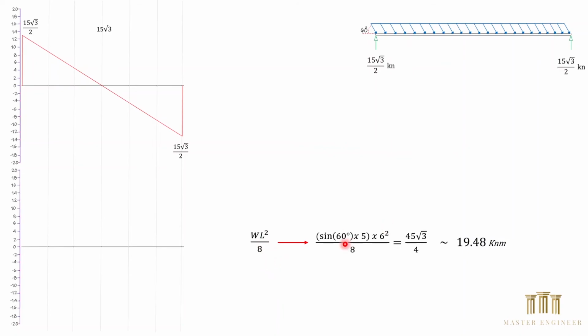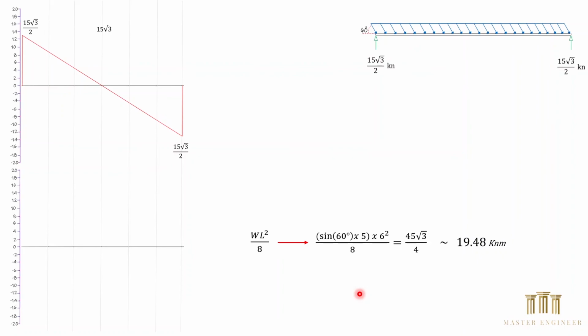The value for our UDL was sine 60 multiplied by 5, and the entire length of the beam is 6 meters to the power of 2. And the value we get is 45 multiplied by square root of 3 divided by 4, which is roughly about 19.48 kilonewton meter. And this is the value of the maximum bending moment.